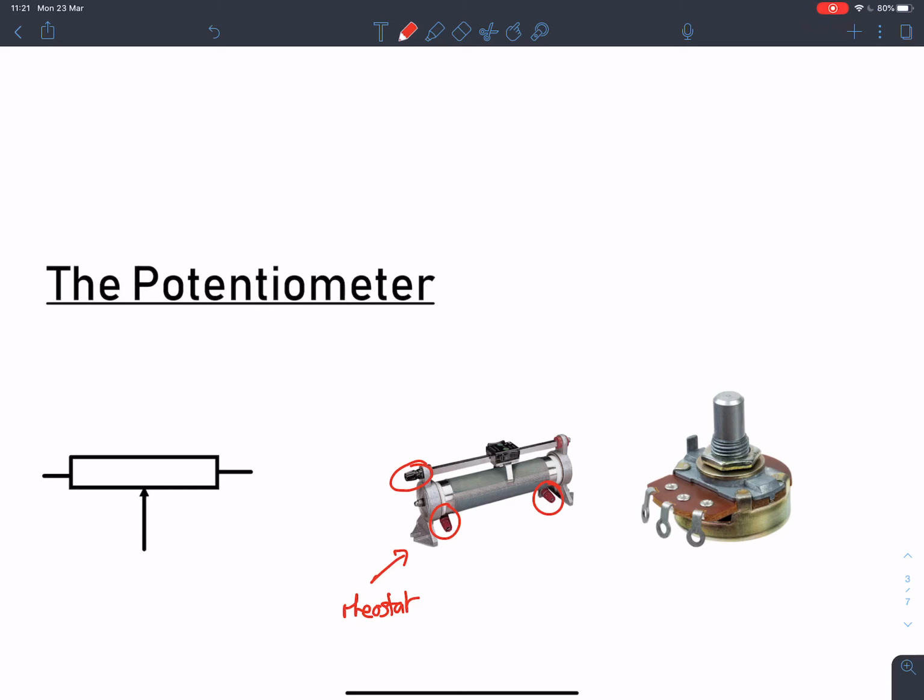And this 3rd leg allows it to give you a clever setup in a circuit to vary the voltage across something. This design you might have seen in things like guitars or in various simple circuits. This is what it might look like if you order one off the internet.